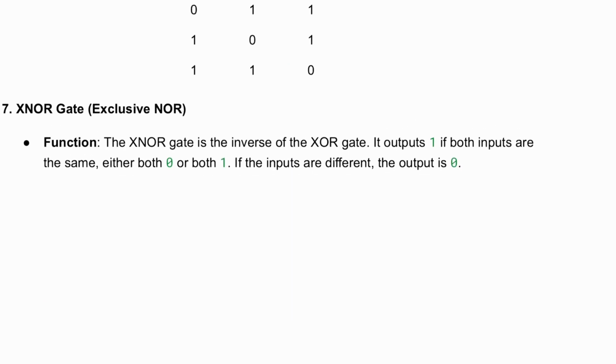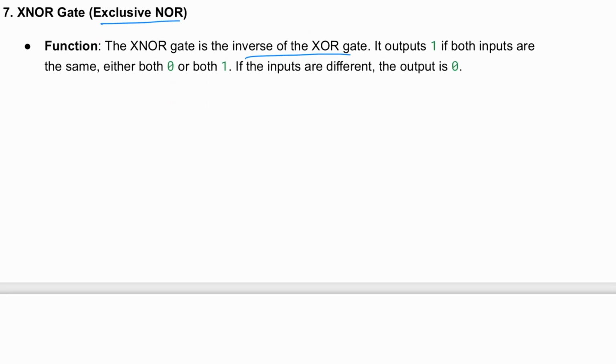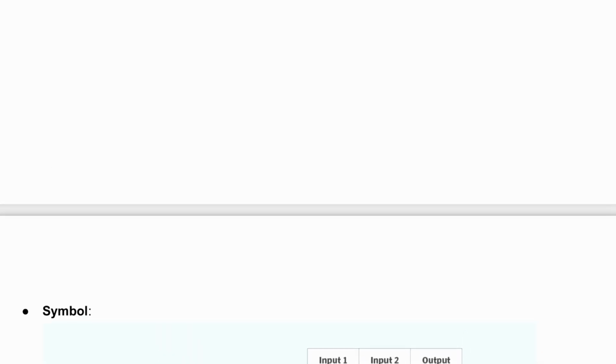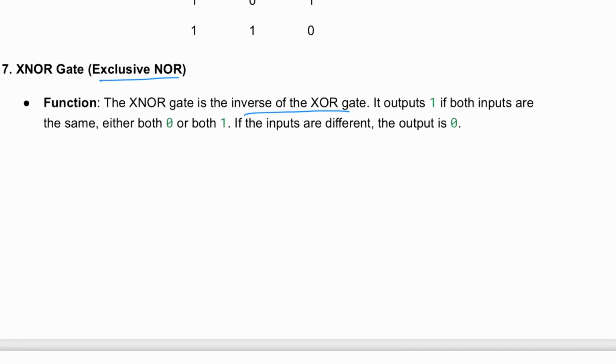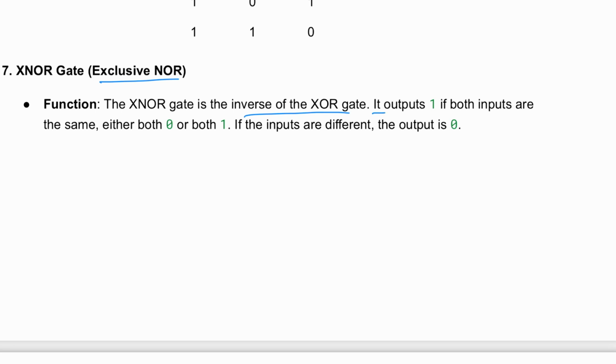Then we have the XNOR gate, which is the exclusive NOR gate. In this, it's the inverse of the XOR gate. So what does the XOR gate say? That exactly one of the inputs should be 1. Here it outputs 1 if both the inputs are same, either both 0 or both 1. There it says that exactly one input should be 1.